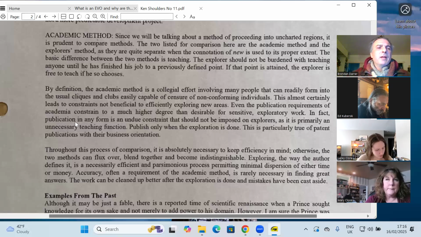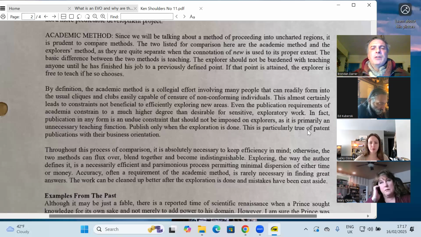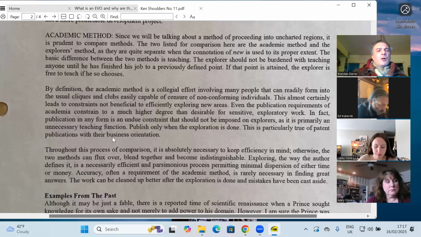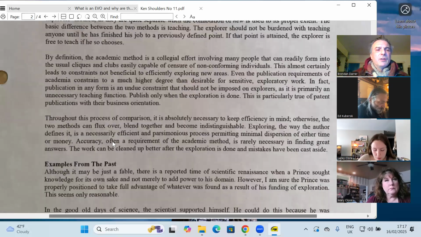In fact, publication in any form is an undue constraint that should not be imposed on explorers, as it is primarily an unnecessary teaching function. Publish only when the exploration is done. This is particularly true of patent publications with their business orientation.